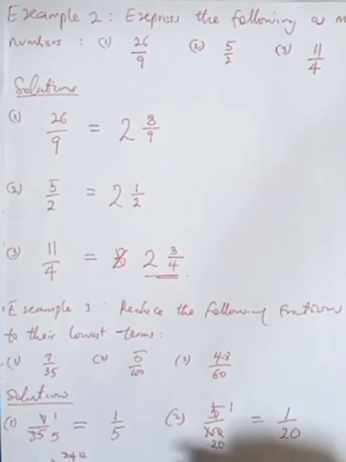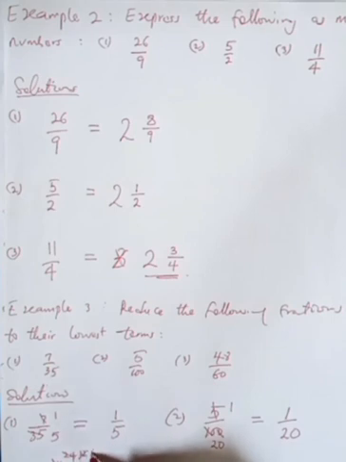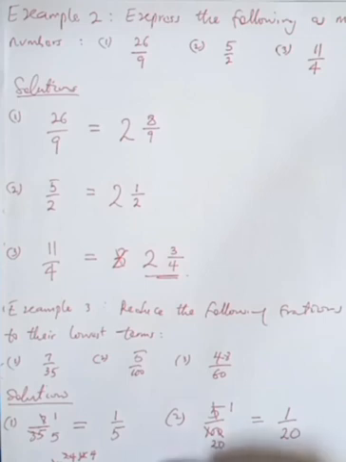So we can see 3 is still common to the two. 3 in 12 here is 4, while 3 in 15 here gives 5. So 48 over 60 in its lowest term becomes 4 over 5. And that is the solution to that one.